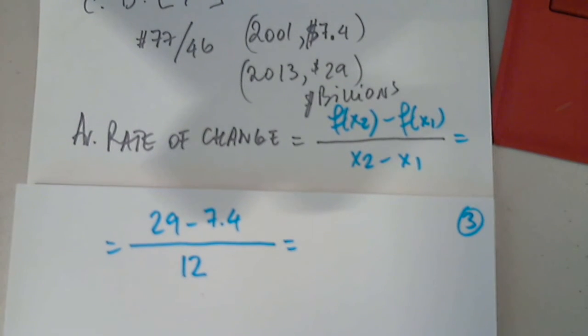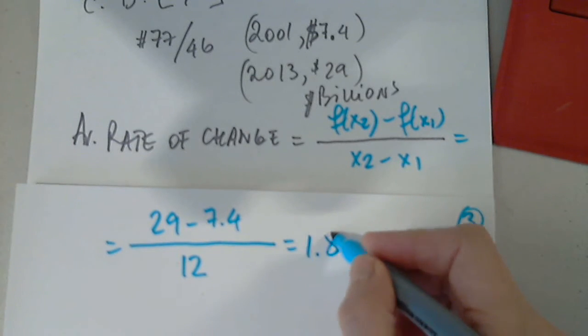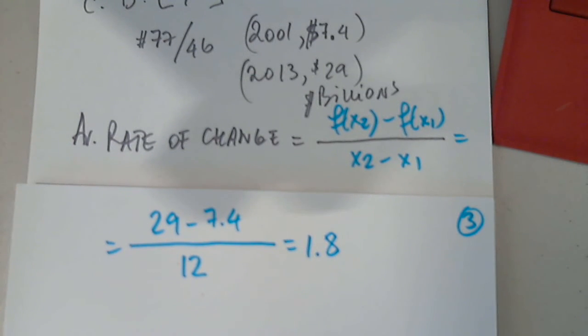Let's divide after you subtract 29 minus 7.4, press enter, and then divide by 12. And I got 1.8. We have to state the measurement unit. Without the measurement unit, 1.8 doesn't mean anything.